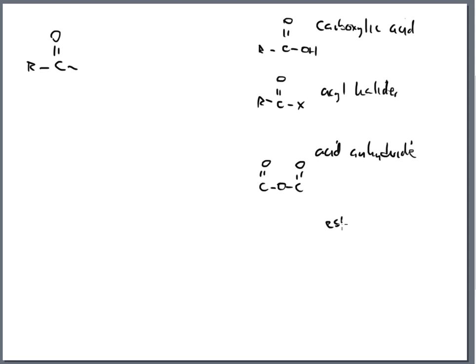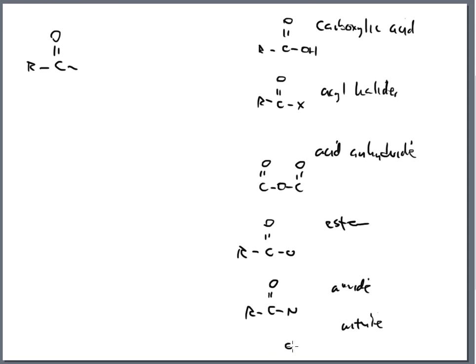The next one was an ester group, and an ester was a C double bond O with an oxygen on one side. And then we talked about an amide, which was a C double bond O with a nitrogen on one side, an NH2, an NHR, an NR2. It can be anything that you want it to be. And then the next one was a nitrile.